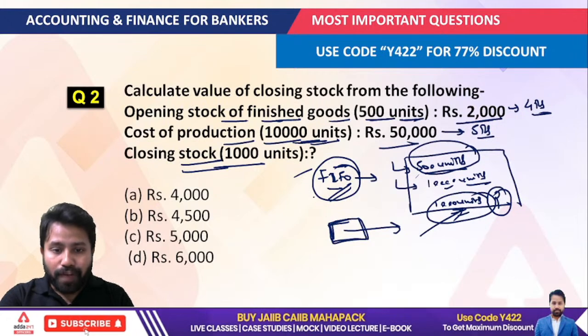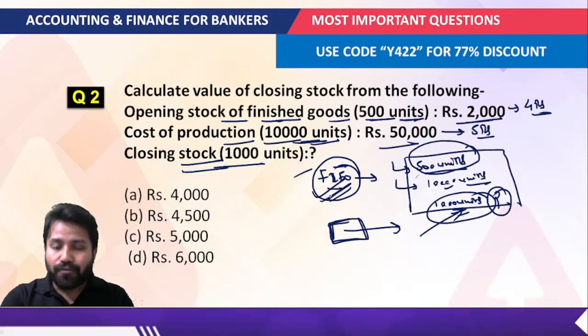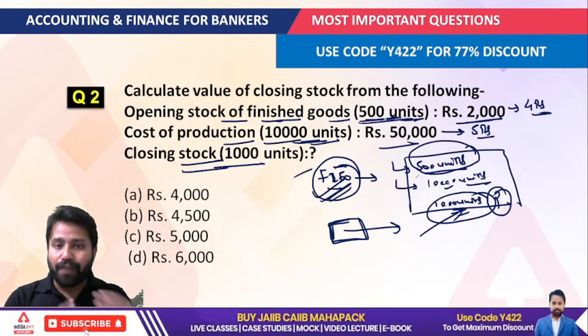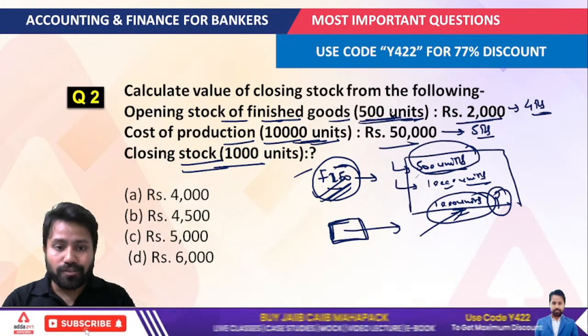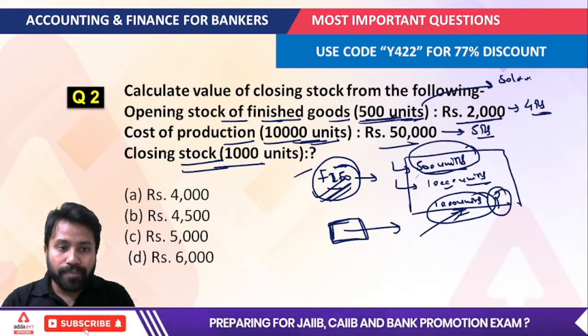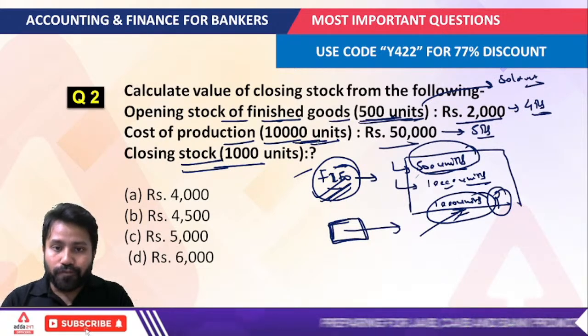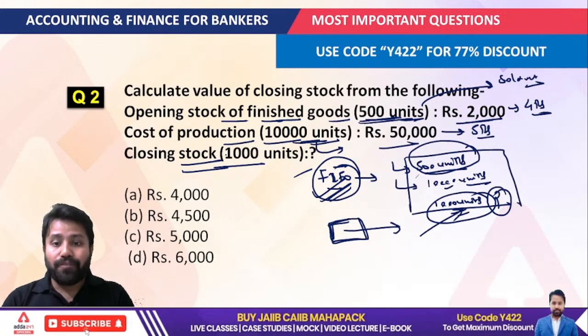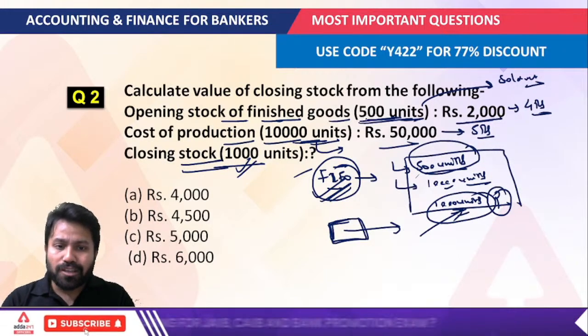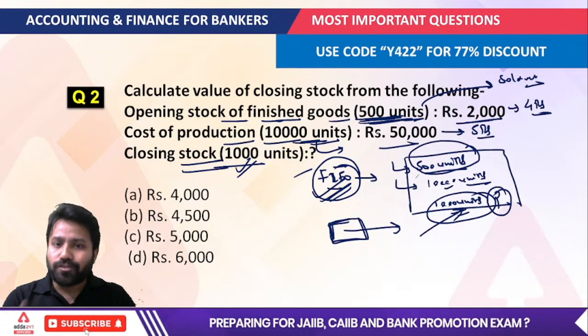So what does the FIFO rule say? We have 500 units at the initial period of the financial year, so first of all these 500 units would be sold out. After that, we sell from the 10,000 units. If we ended with 1,000 units, that means all 500 opening units are already sold out.